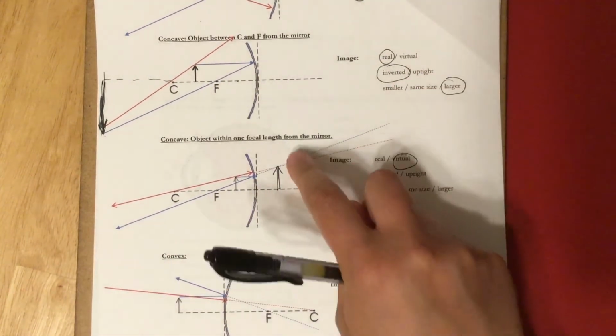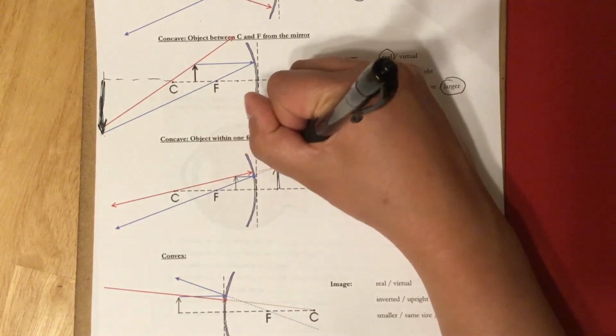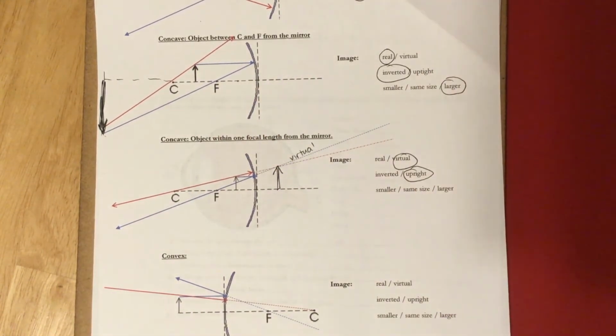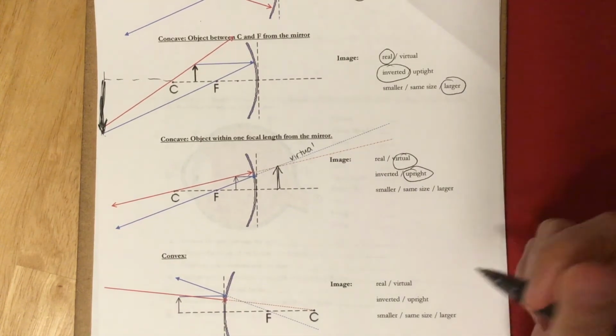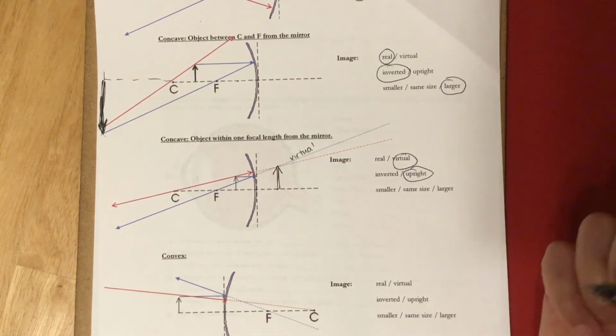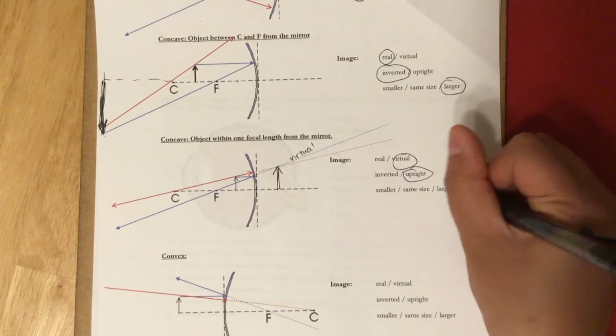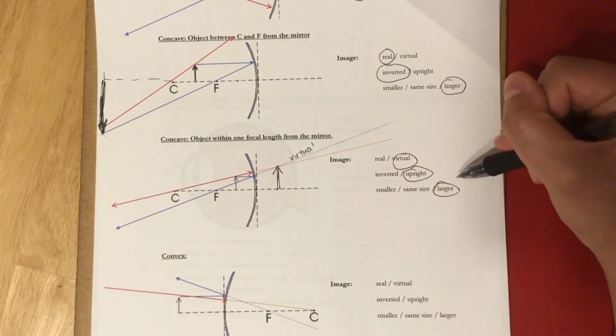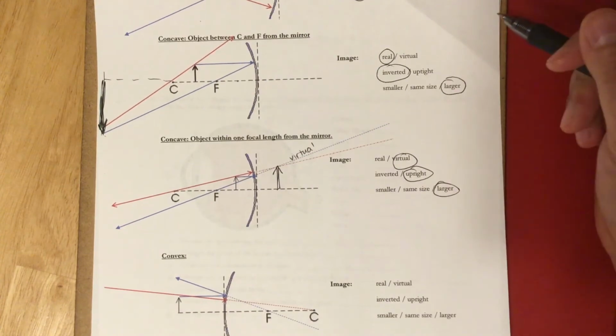Our brain thinks they came from back here. The dotted lines are the ones intersecting, making this virtual. And plus, it's upright. So even if you can't figure out the difference between real and virtual, if the image is upright, you know it's virtual. That's larger. If your object is close to the focal point, it makes a larger image.